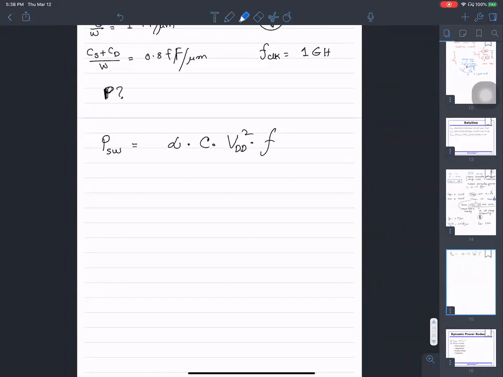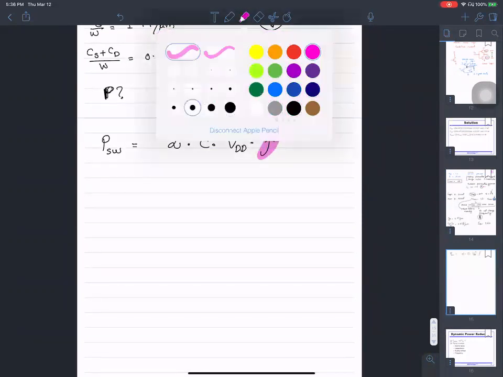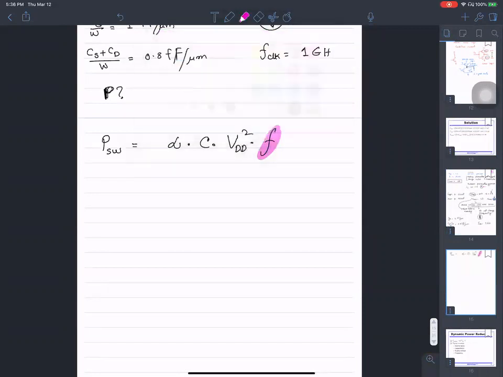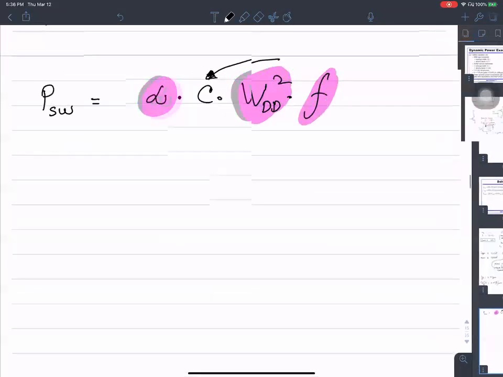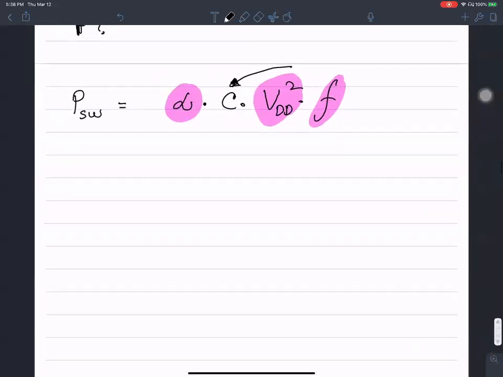We know the clock frequency is given to be 1 gigahertz, and the VDD value is given to be 1. The alpha values are given, and more information is given so that we can arrive at the value for C. C is not given directly, but it is given in terms of some other parameters. So let's see how we can calculate C first.